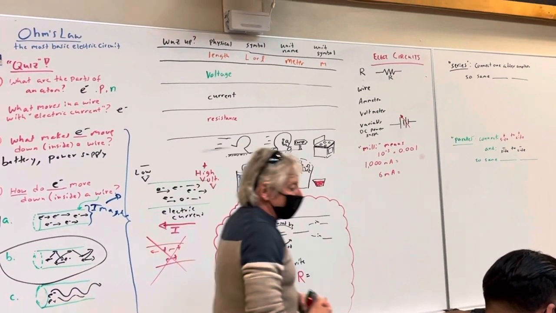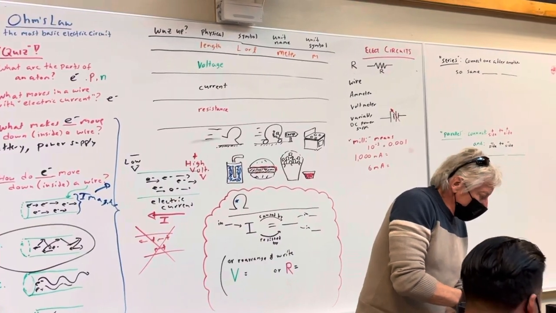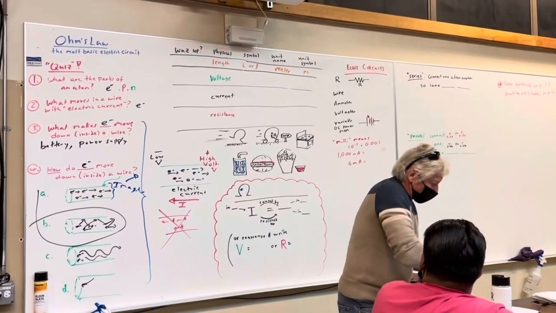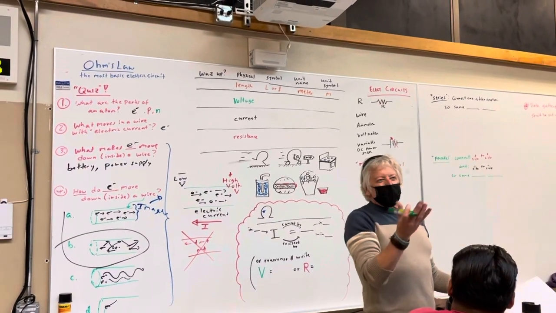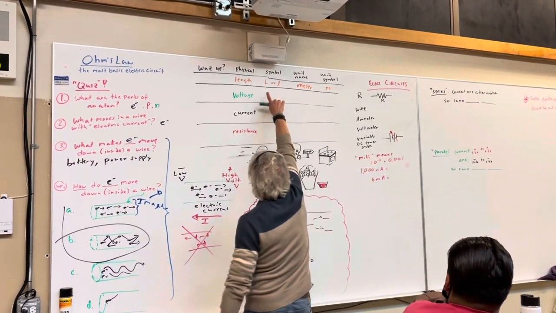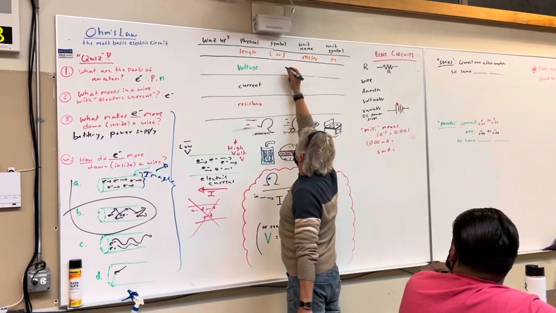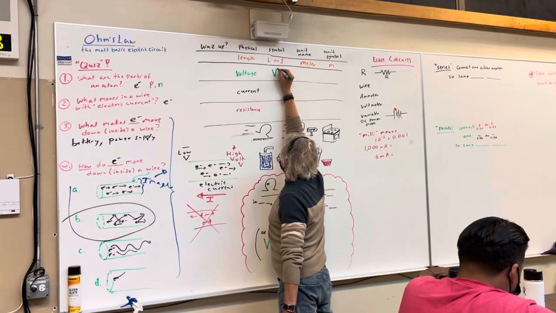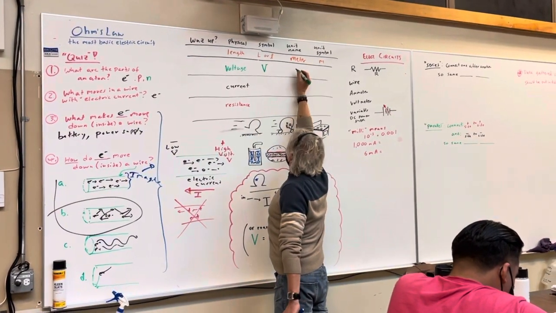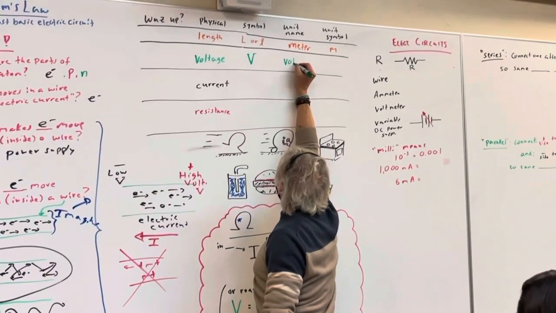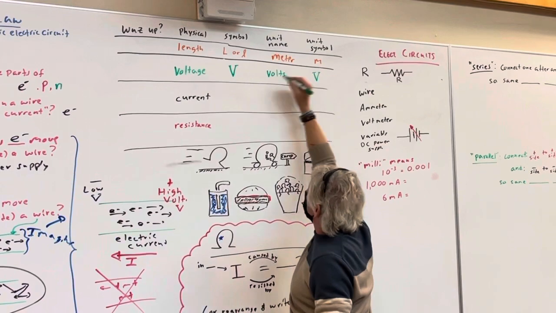Okay, now voltage. This one's kind of funny, right? The length is measured in m. The symbol for voltage is capital V, not lowercase. The unit is volts, and the symbol for the unit is the same as the symbol for the thing.